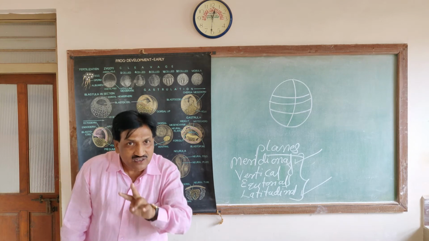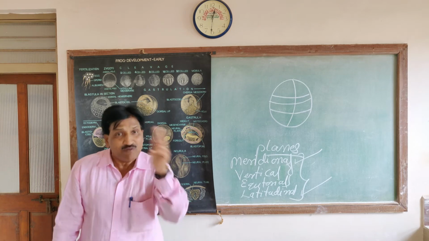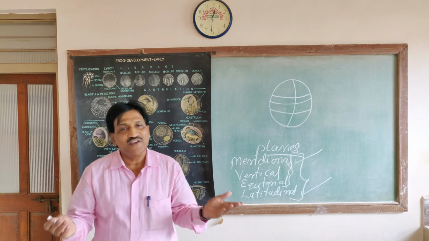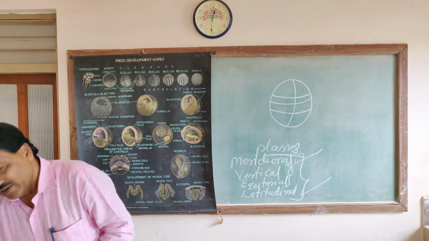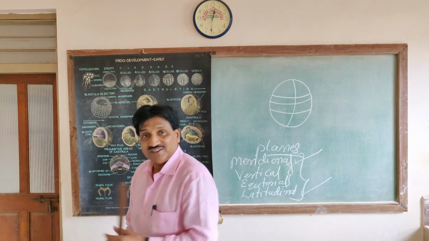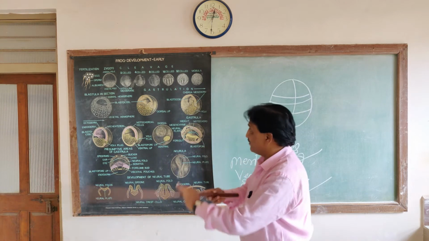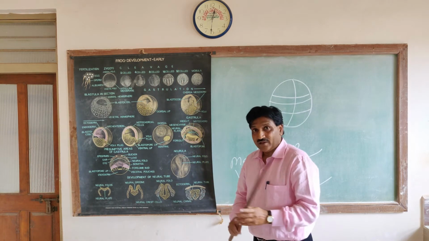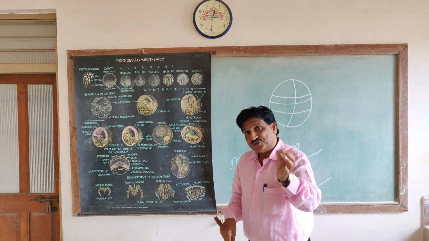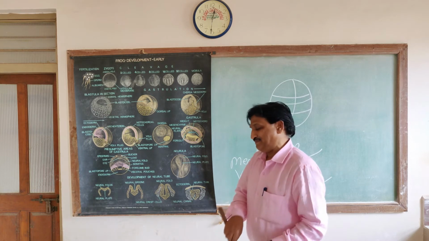How many cleavage planes are there? 4. How many types of cleavage? Holoblastic and meroblastic. Okay, my dear friends, I will start the cleavage in the case of the frog. It is very important, both theory as well as practical.